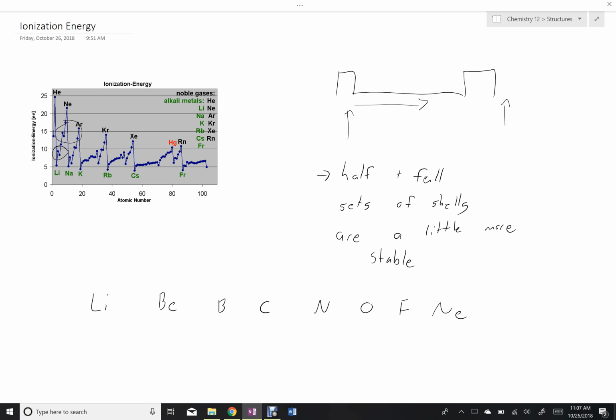And what we see, if we imagine our filling shells here, is 2s1, 2s2, 2s2 2p1, 2s2 2p2, 2s2 2p3, 2s2 2p4, 2s2 2p5, and 2s2 2p6. So let's just star the atoms that have the localized highest ionization energies.